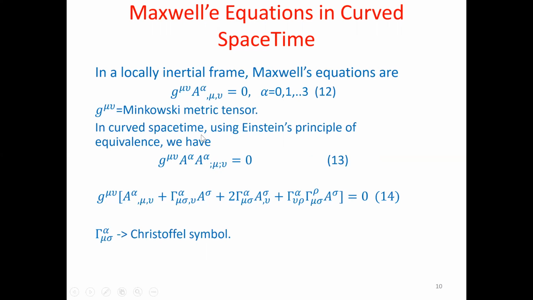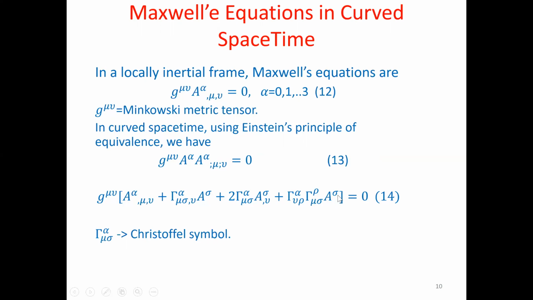In curved spacetime, using Einstein's principle of equivalence, that is comma goes to semicolon rule, we replace these commas by semicolons, where semicolon denotes the covariant derivative. And this equation 13 can be expanded using Christoffel symbol in this form here. So the first term is still the same as here. It's the 4-dimensional Laplacian operator.